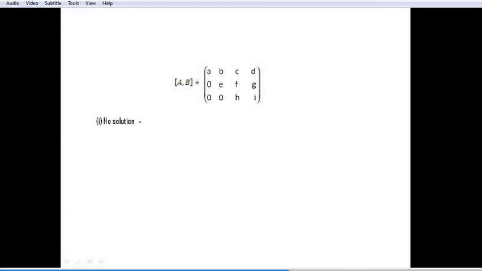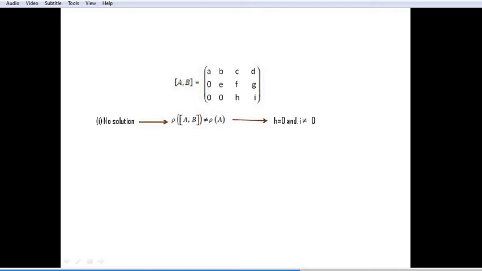For no solution, rank AB is not equal to rank A. So for rank AB not equal to rank A, h is equal to 0 and i is not equal to 0.